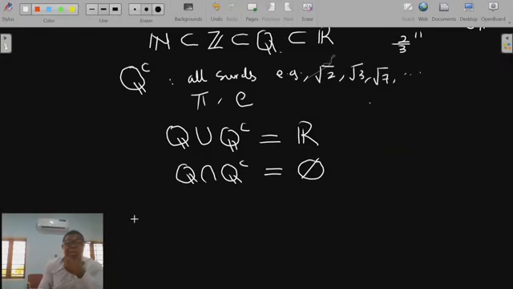Another important subset of R that will play roles in what we shall discuss are the intervals of the real line.